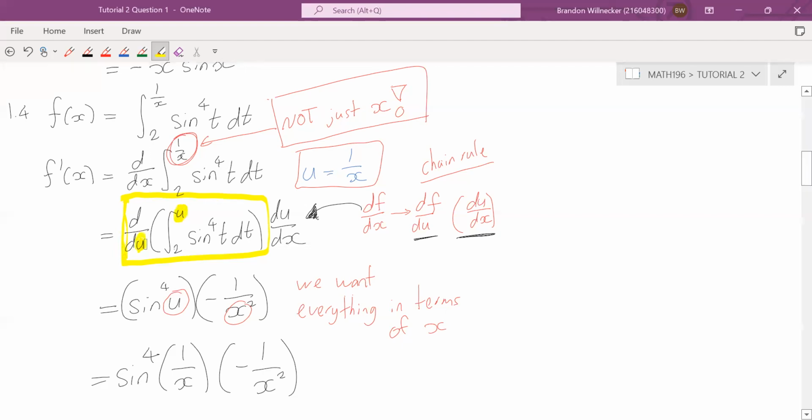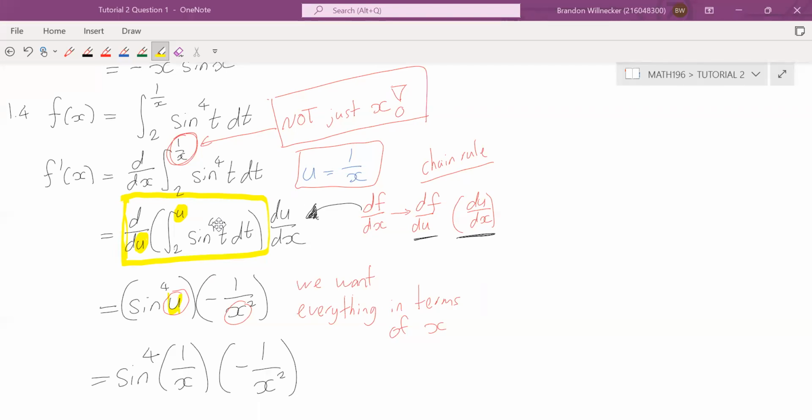So we just use FTC part 1, which means the derivative and the integral cancel, and we're just left with the function evaluated at the upper bound. The function was sin to the 4t, but now evaluated at the upper bound, so it becomes sin to the 4 of u.